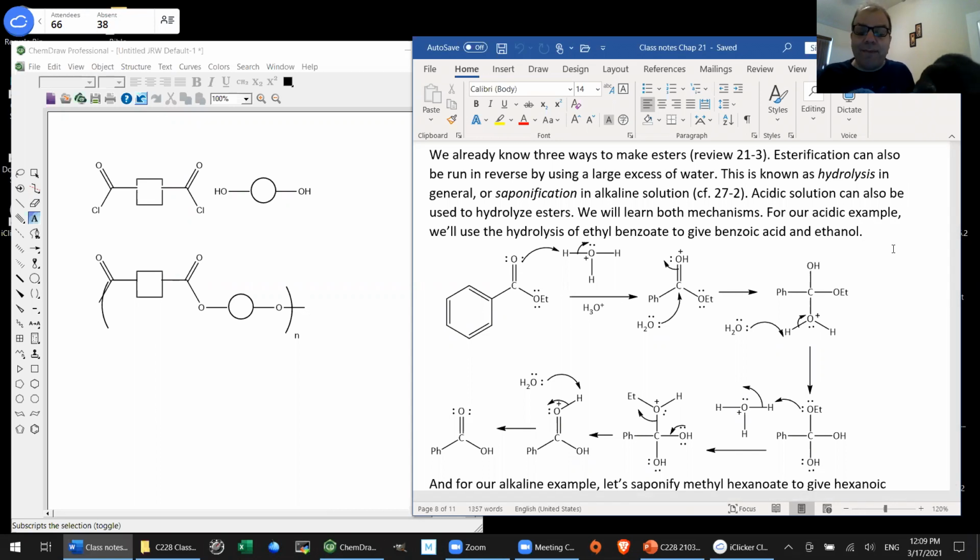So be that as it may, we're going to start off with that. I do want to remind you that we know of at least 3 good ways to make esters, besides Fischer esterification, which is one. We learned about that in this chapter. You can also make it by an SN2 reaction of a carboxylate ion that you would make by deprotonating a carboxylic acid.